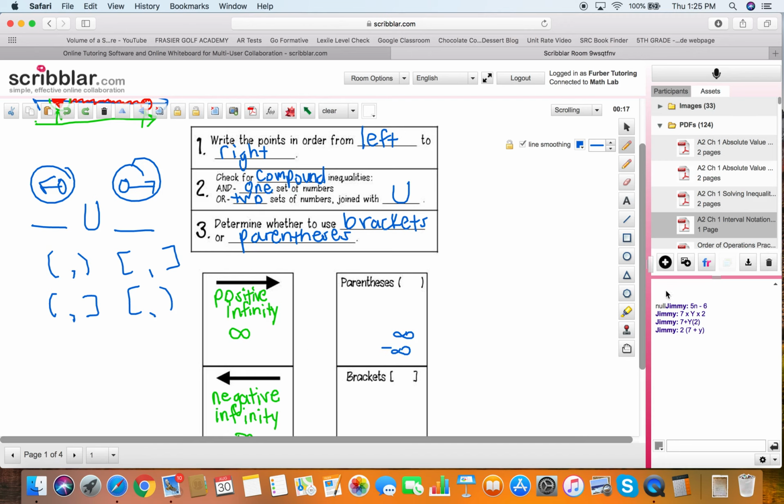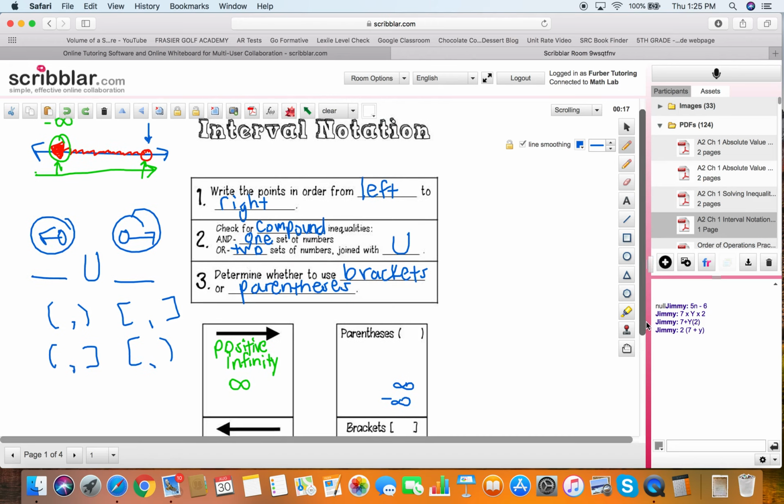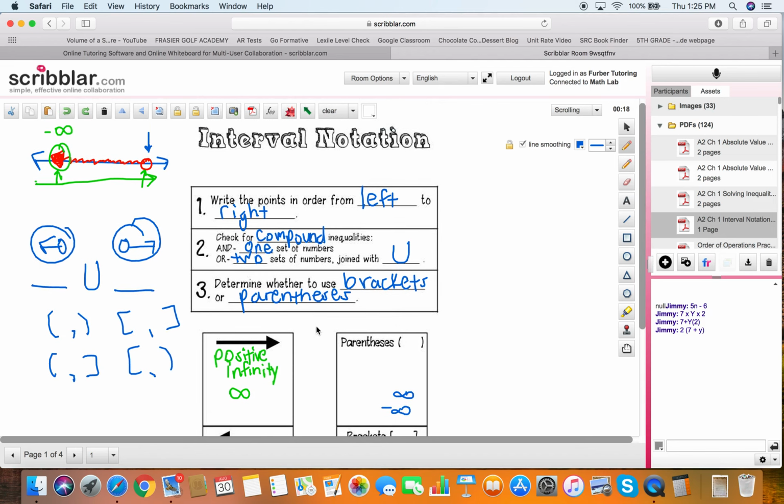Now, what if it's not infinity? What if it's open circles and closed circles? Well, this makes really good sense if you think about what open and closed circles mean. So if you have an open circle, we're also going to use parentheses. So that translates into if you have this sign or this sign. Okay, so let's say that this is an open circle.